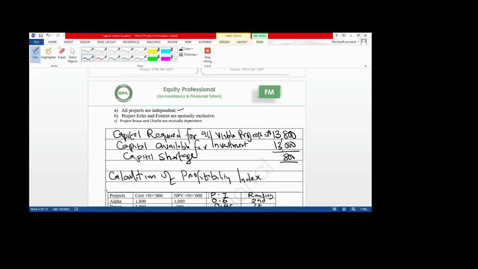To answer this question, you are going to create two groups. Group 1, if I accept project E, what is the total NPV?